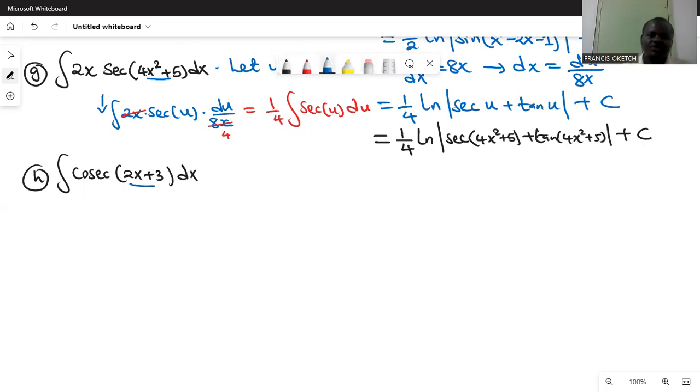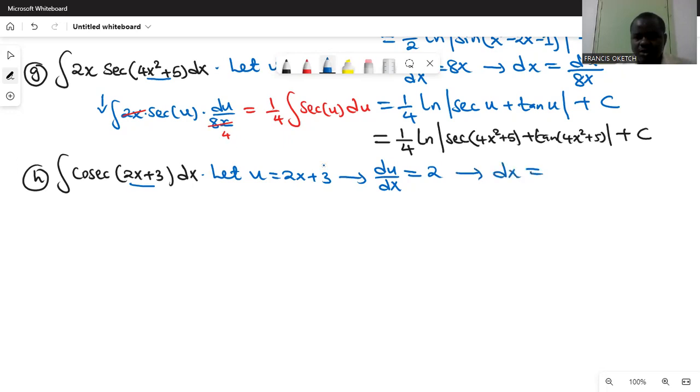We say let u be 2x plus 3. So get du dx, that will give us 2. You can make dx the subject. So in this case, dx will be equal to du over 2.